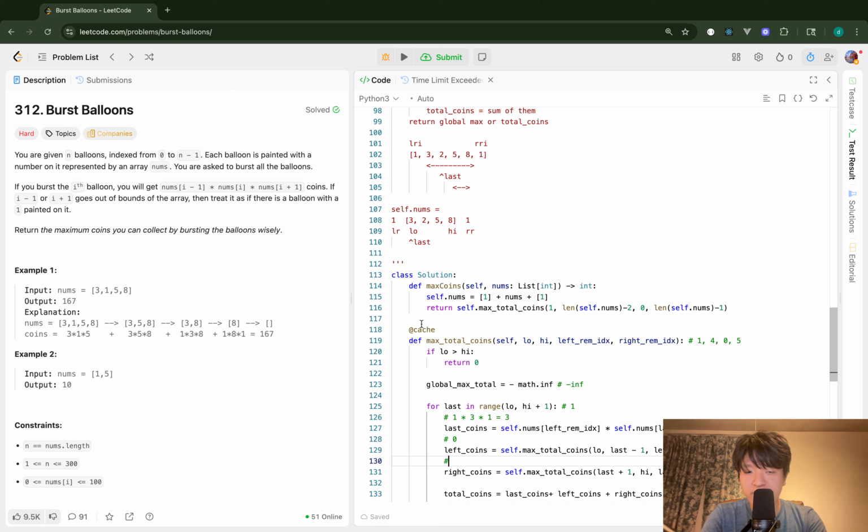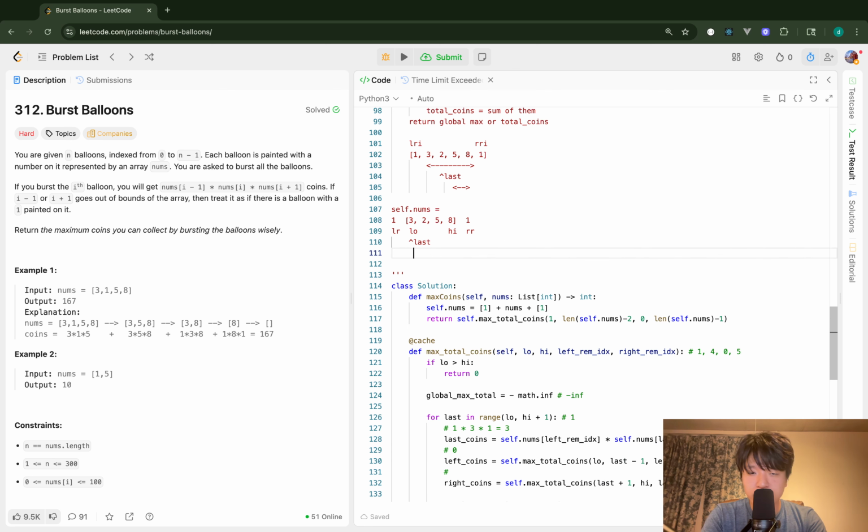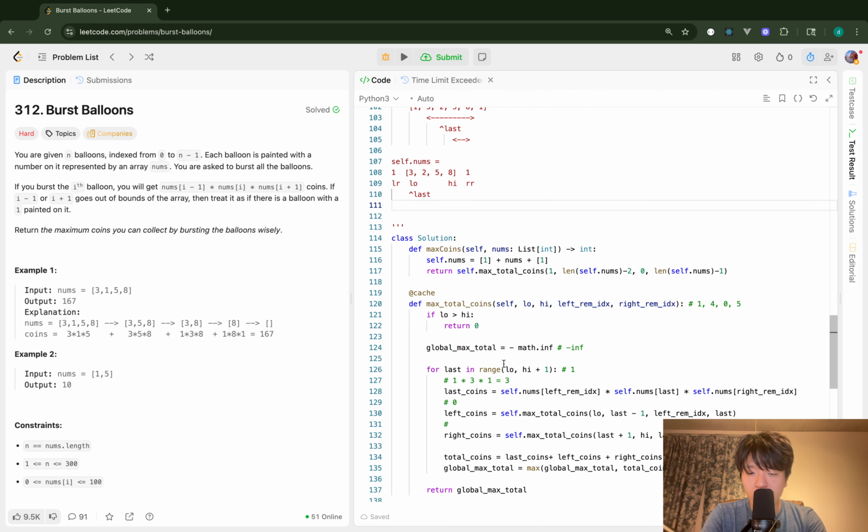For right coins, it calls the method with last index plus 1, which is 2, high index, which is 4, and last, which is index 1, and right remaining index, which is 5.